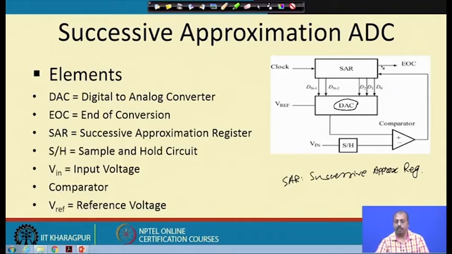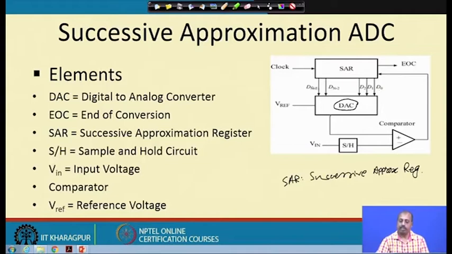This tells the outside world that the conversion is over. And also we have a sample and hold circuit. The input signal is applied here, and the value will be sampled and held for some time. It will do a comparison, and then the comparator output will be fed to this SAR, so that the SAR will change the bits. We will see how it changes.